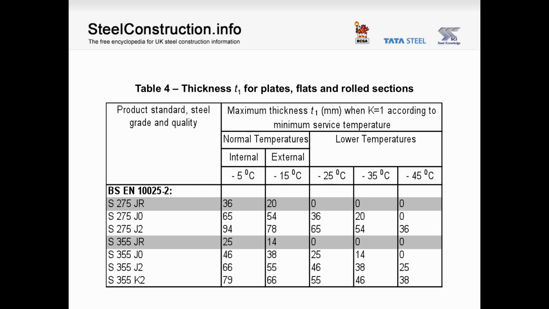The way that BS 5950 tackles this is by reducing the limiting thickness for higher grade steels, and we see this in the table as we jump from S275 GR to S355 GR steel. We also know that as the temperature drops, brittle fracture becomes an issue, and again we see in the table that the limiting thickness allowed reduces as the temperature drops.